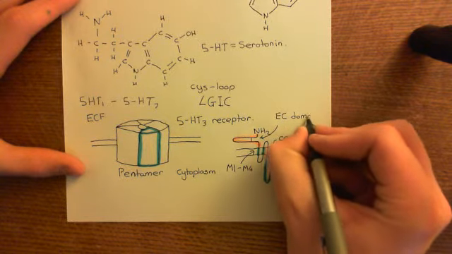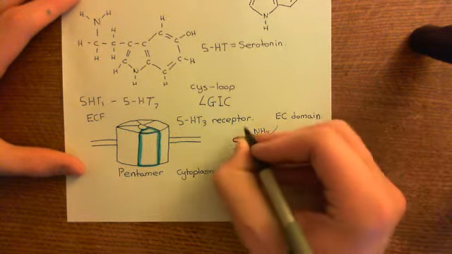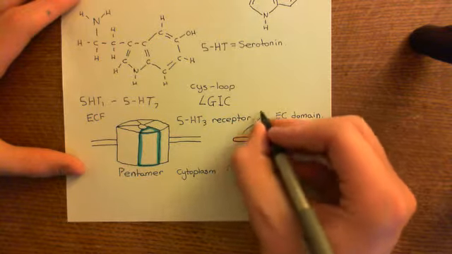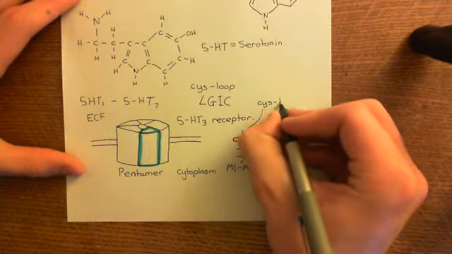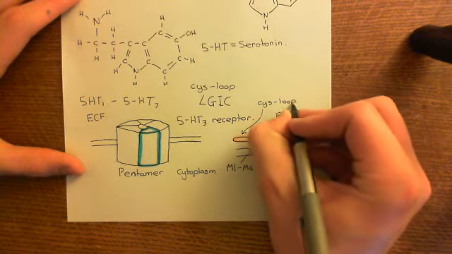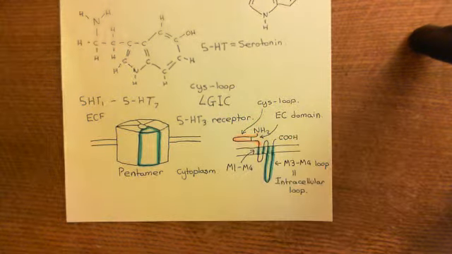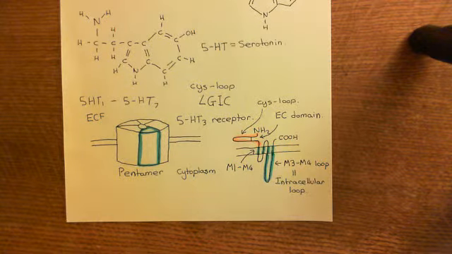In my picture it is dominated by this cis loop that I've drawn here. In reality, the extracellular domain contains a lot more than just the cis loop, but I've emphasized the cis loop so that you understand why it's referred to as a cis loop ligand-gated ion channel.